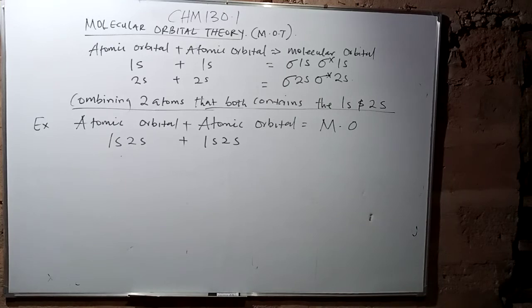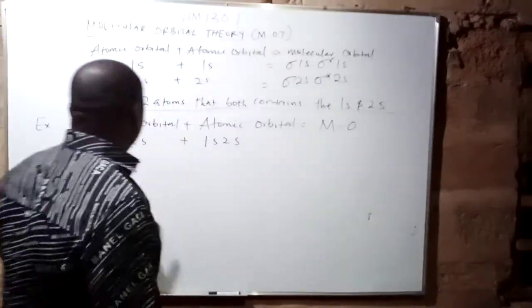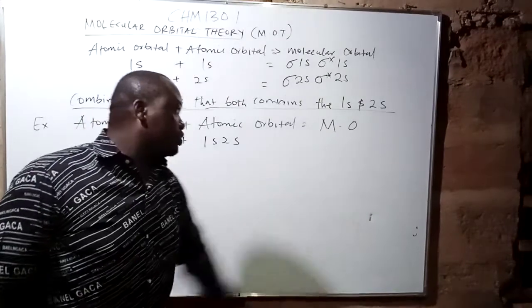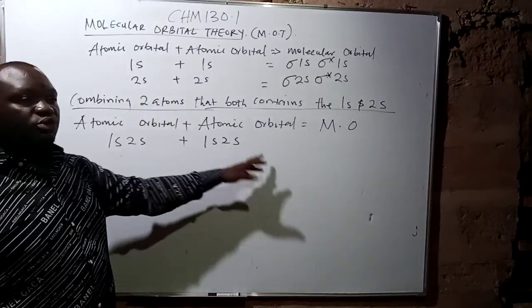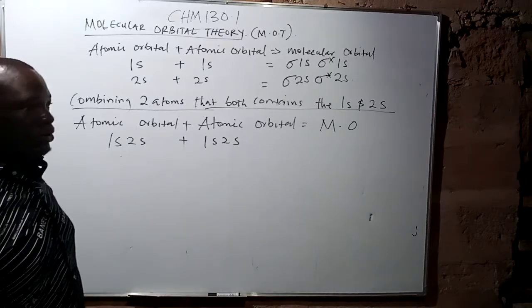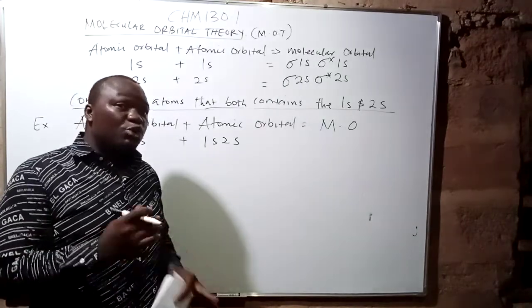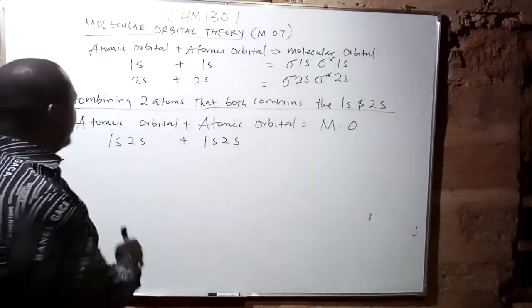Looking at the board, we're going to talk about combining two atoms that both contain 1s and 2s. So this is an atomic orbital plus an atomic orbital to give you a molecular orbital. Now, if you have 1s, 2s plus 1s, 2s, and you want to form the molecular orbital, remember I said immediately you write the bonding, you must write the antibonding immediately after.